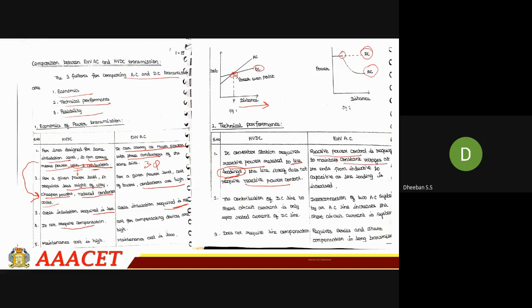Next, the contribution of a DC line to short circuit currents is only up to the rated current of the DC line. Interconnection of two AC systems by an AC line increases the short circuit current in the system. DC does not require any kind of line compensation, whereas HVAC requires it, because here we are talking about reactive power in EHVAC.